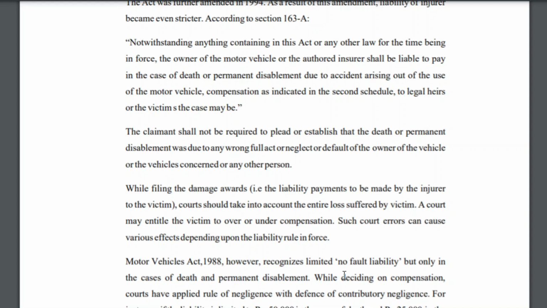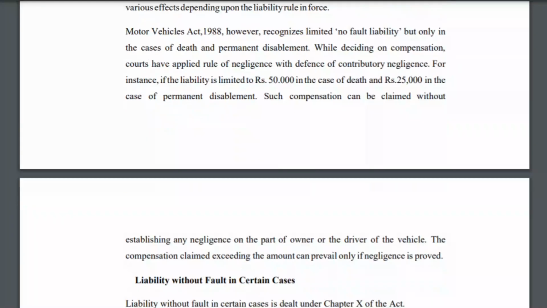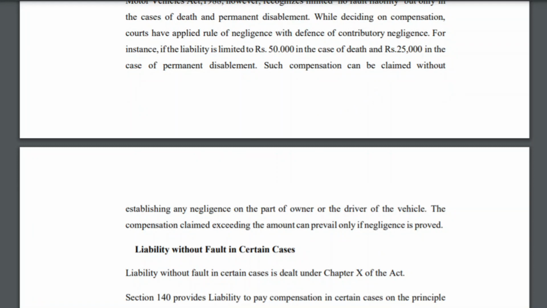One more important thing has been done. While deciding on compensation, courts have applied the rule of negligence with the defense of contributory negligence. For instance, if the liability is limited to 50,000 in the case of death and 25,000 in the case of permanent disablement, such compensation can be claimed without establishing any negligence on the part of the owner or the driver of the vehicle.